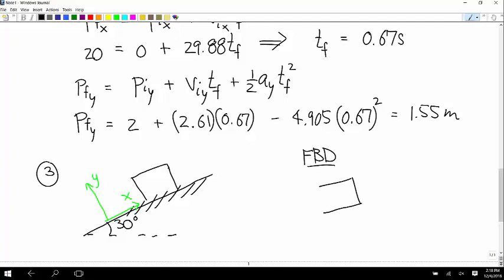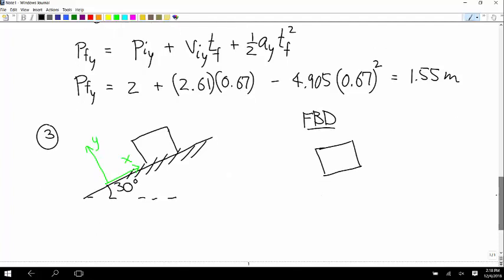A free body diagram, you have the weight force. This has a mass of 5 kilograms, so the weight force is 49.05. And then there's a normal force. And it says that the block at this instant is sliding up the ramp, so the friction force has to be down the ramp.